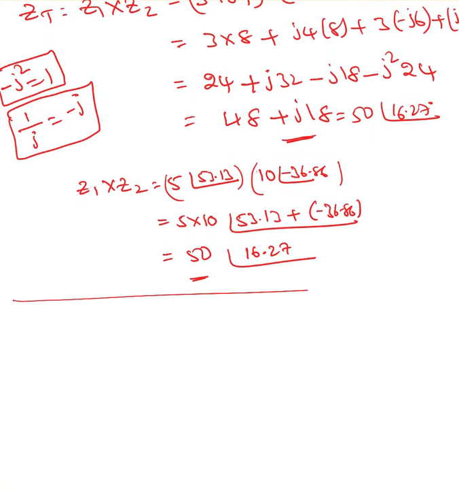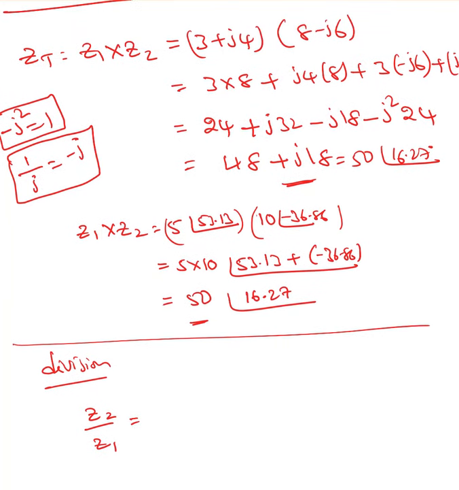Now I'm going to do the division. In division, let me do z2 over z1. What we have is z2 equal to 8 minus j6 over 3 plus j4. Now to do the division, I'm going to multiply and divide this with the complex conjugate of the denominator. Conjugate is nothing but 3 minus j4.